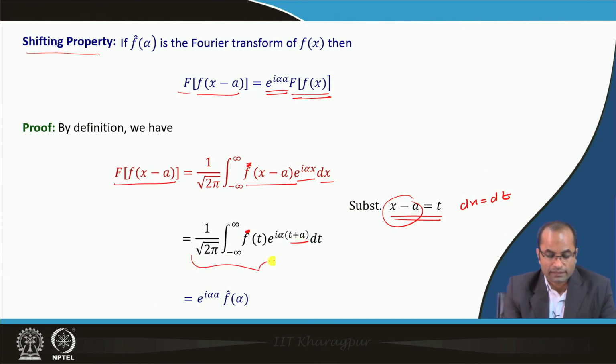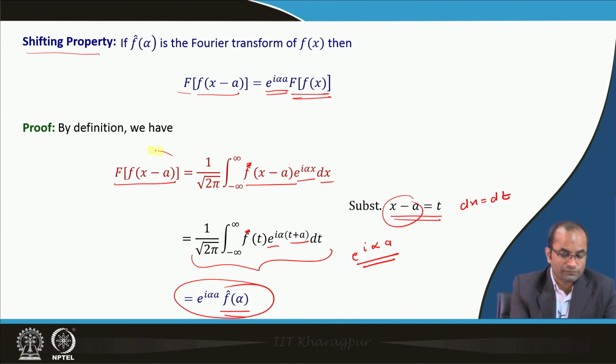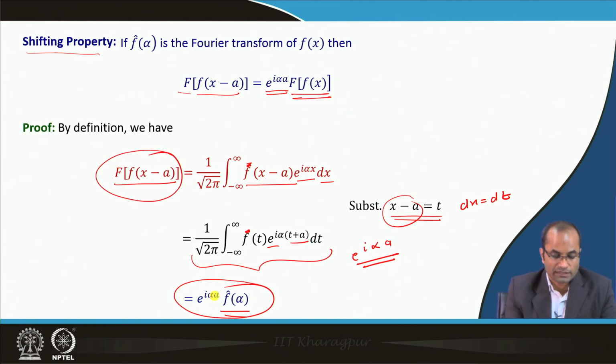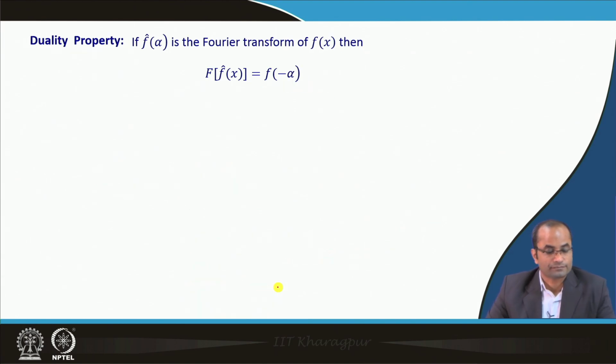If we take e^(iαa) out of this integral, then we have the integral of f(t) e^(iαt) dt, which is just the Fourier transform of f(x). So, again we have the result that the Fourier transform of f(x minus a) is e^(iαa) times the Fourier transform of f(x).